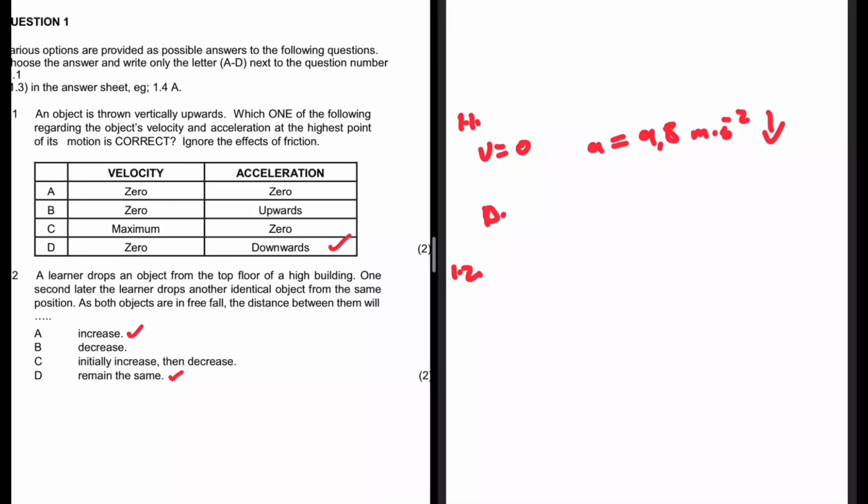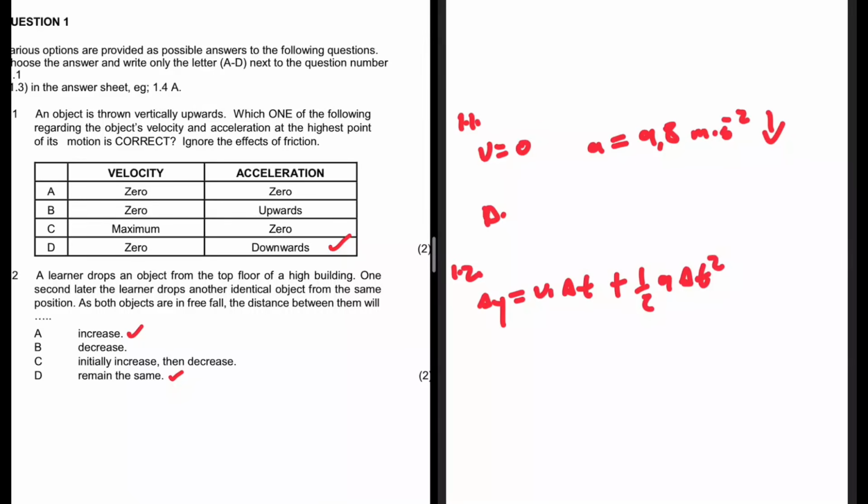There are two ways we can get to the correct answer. One way is to actually calculate and see if the distance increases or remains the same. Another way is to just use the theory. What do I mean by that? So we can say delta y is equal to vi delta t plus a half acceleration delta t squared.